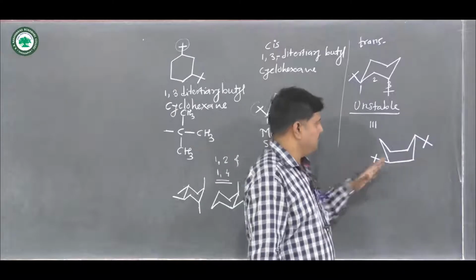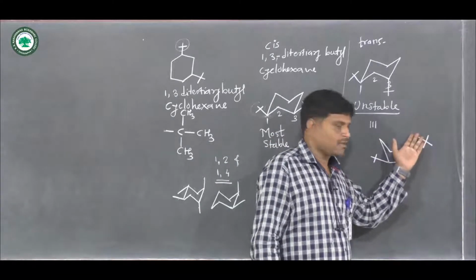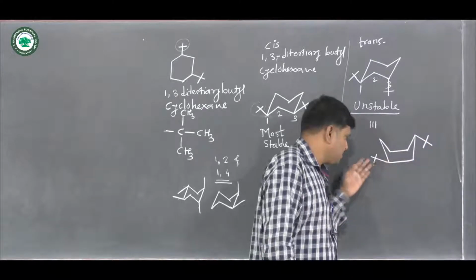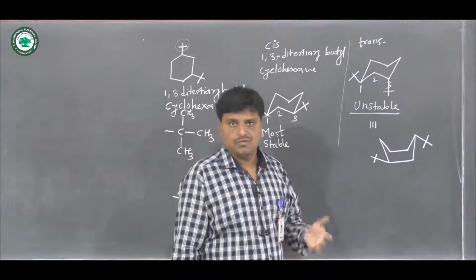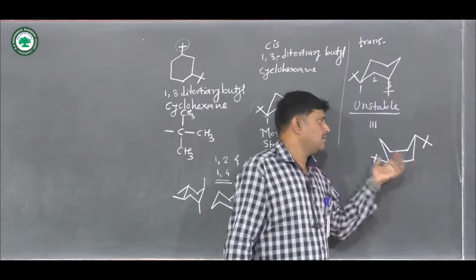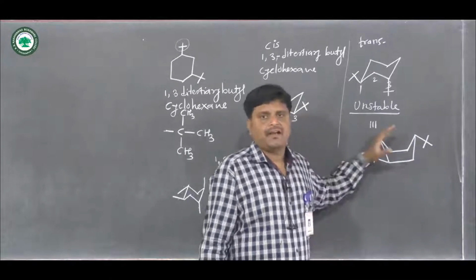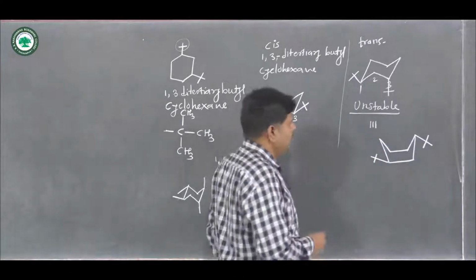At that time we see one tertiary butyl group is on the below side and another tertiary butyl group is on the above side, but both are present at the equatorial position, so our expectations are good. And now this is the more stable structure. Why?